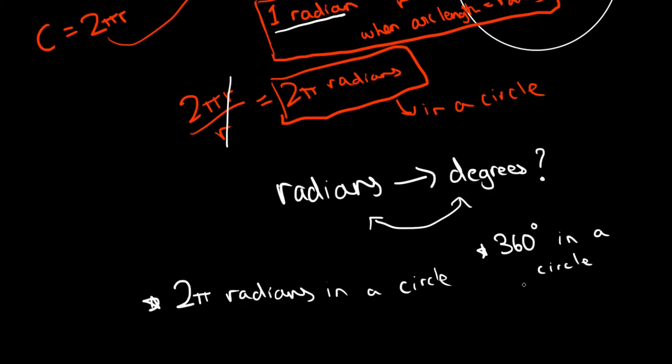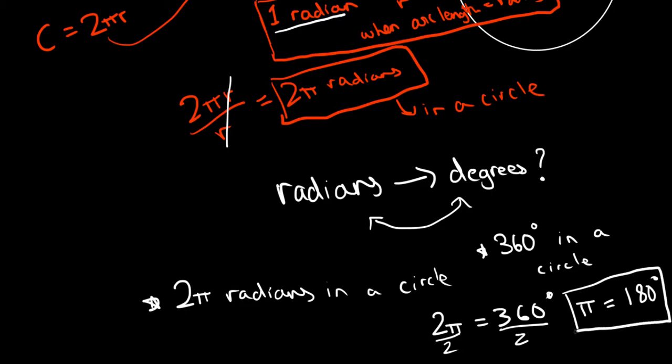And if we just put 2 and 2 together, we know that 2 pi radians is going to equal 360 degrees. Okay? And if we divide both sides by 2, we'd get that pi radians is equal to 180 degrees. Okay? Now this is a key relation that we'll need to know when we convert from radians to degrees.